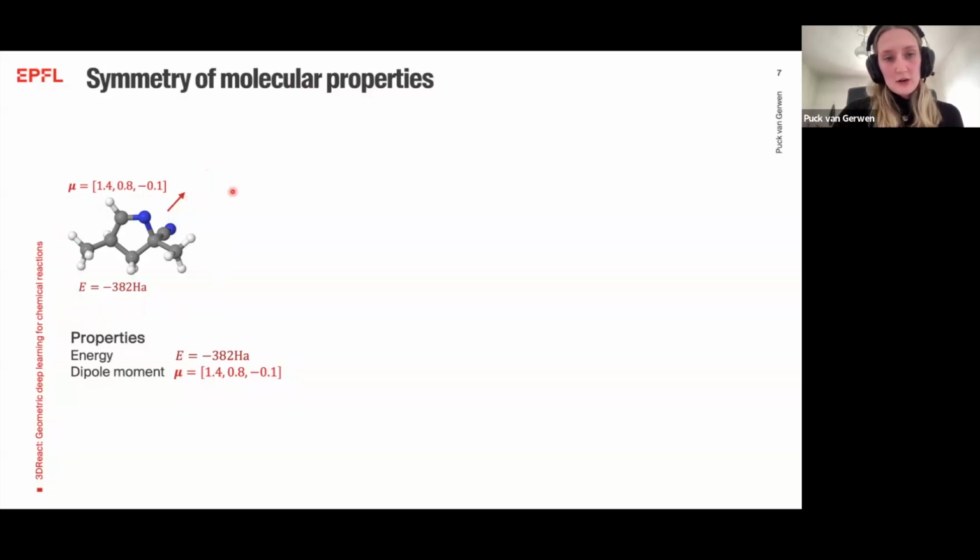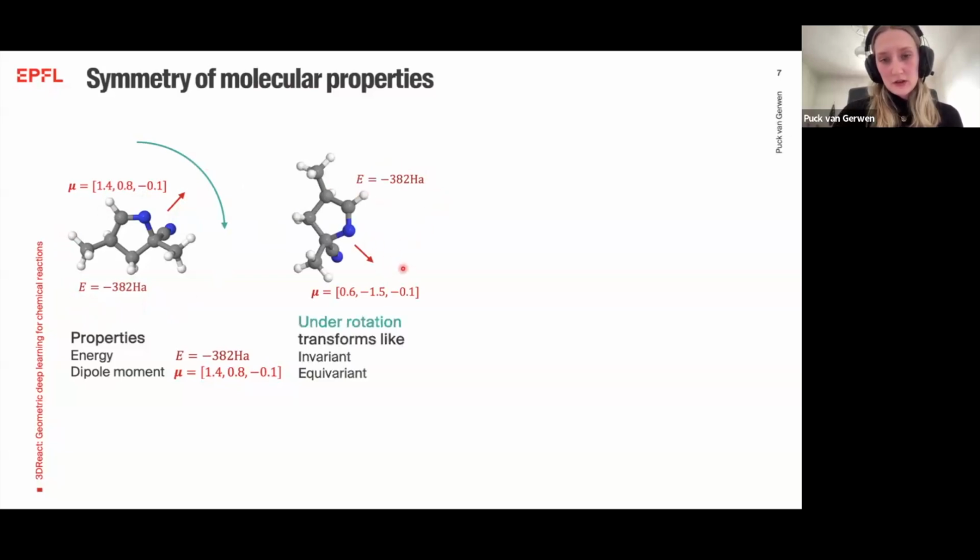And I'm interested in how those properties change when I perform certain operations. If I were to translate and rotate this molecule, you can see that the energy stays the same, but the direction of the dipole moment changes because it's a vector. So we can summarize this by saying that under rotation, the energy is an invariant quantity, but the dipole moment is an equivariant quantity.